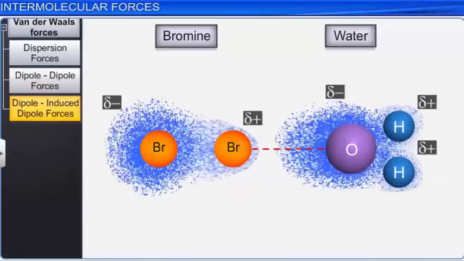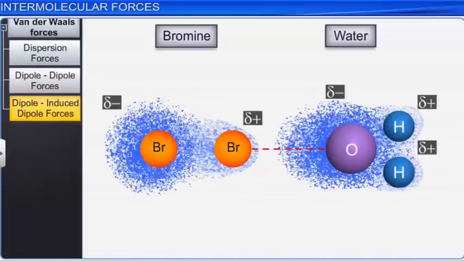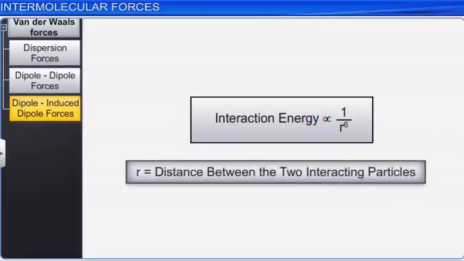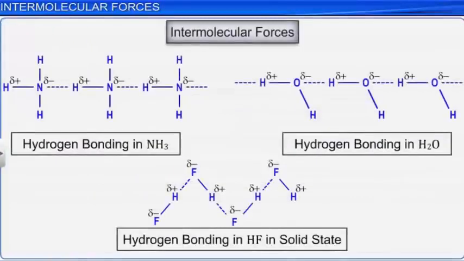In this case also, interaction energy is inversely proportional to the sixth power of the distance between the two interacting particles. A special case of dipole-dipole interaction called hydrogen bond exists in the molecules with highly polar NH, OH or HF bonds.